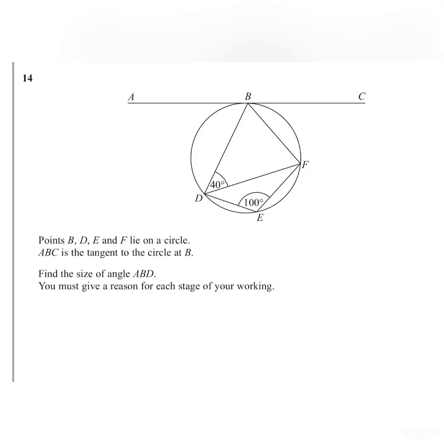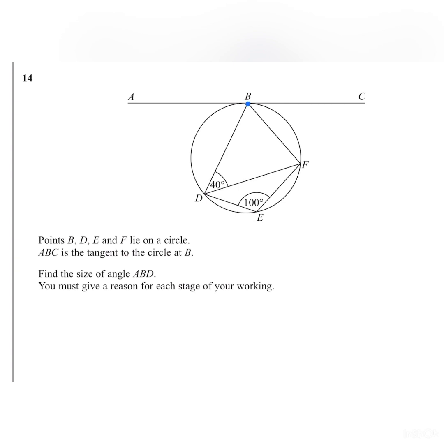Okay, question number 14 is on circle theorems, and it says points B, D, E, F lie on a circle. ABC is a tangent to the circle at point B, which is here, and find the size of the angle ABD.